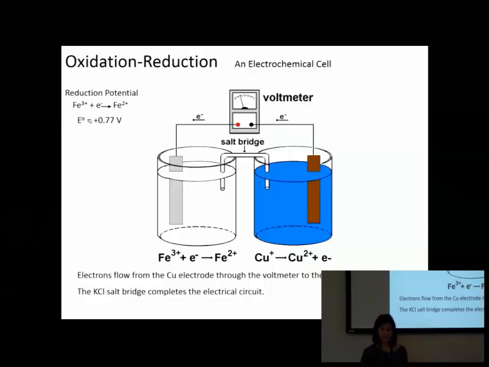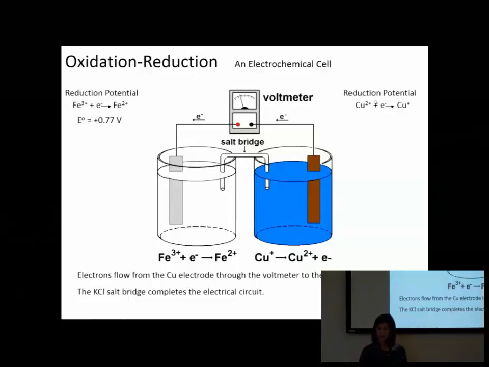Standard conditions. Standard conditions are 1 molar concentrations, 1 atmosphere of gas. Are we at 1 molar concentrations in our cell? No, let's hope not, right? So we're going to take the values that we get off the table with a grain of salt. We'll talk about that later, but it does do a nice job of helping us.